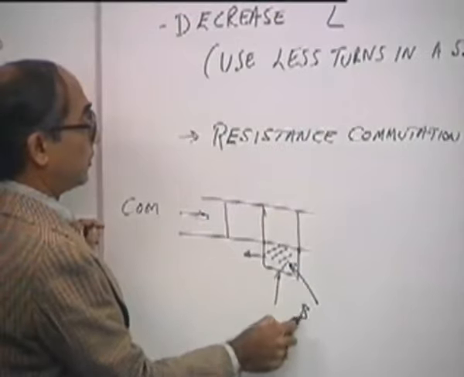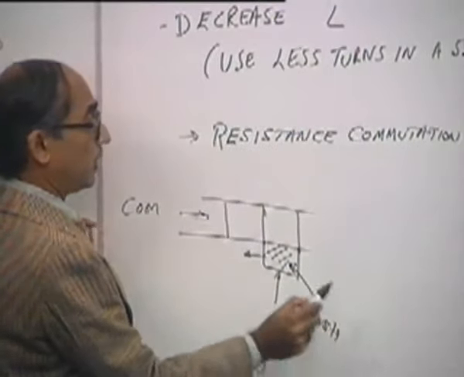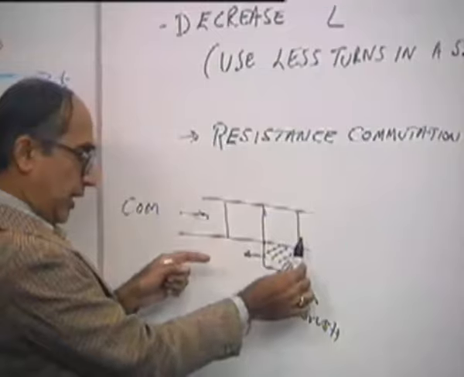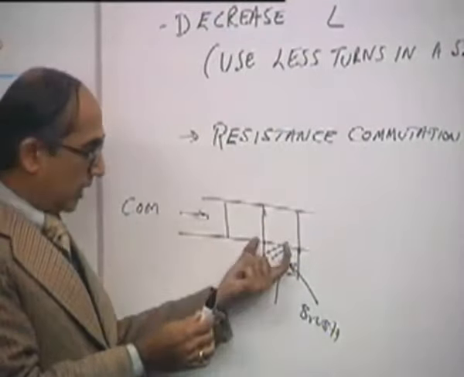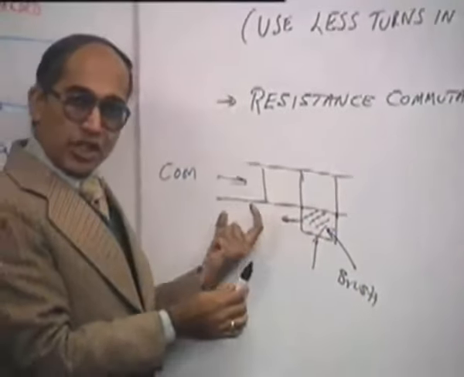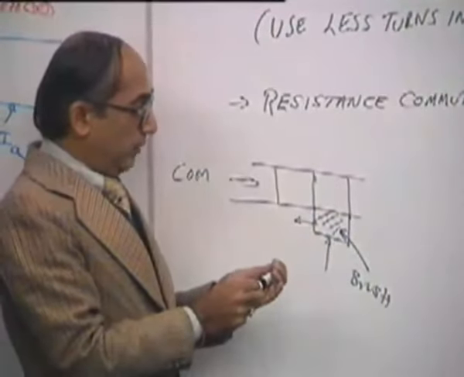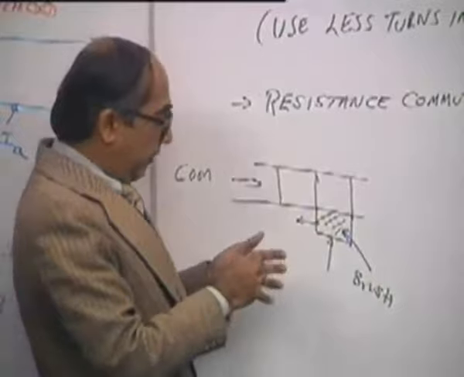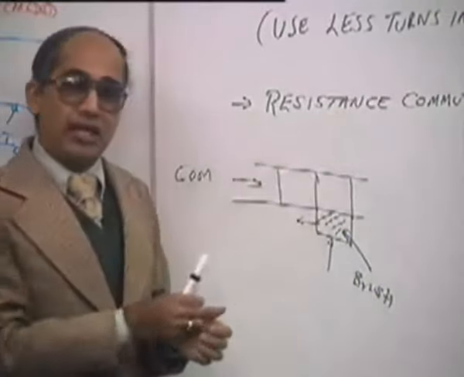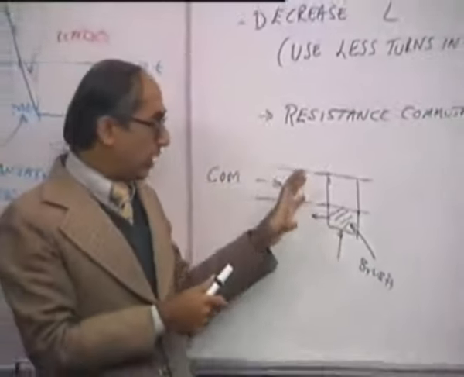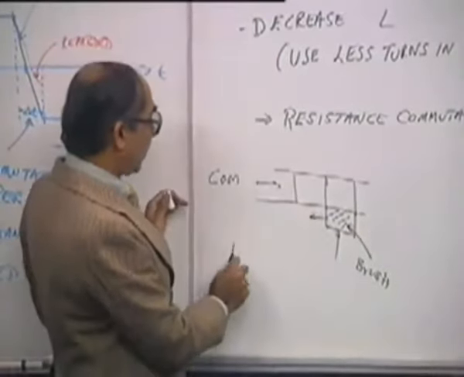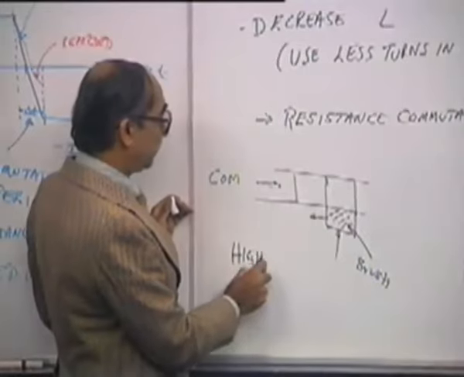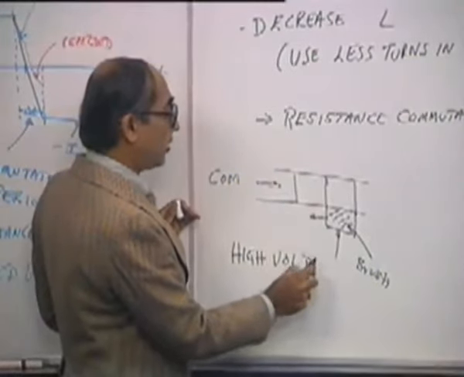You will notice that it is undergoing a change of resistance in the process because the contact is changing. Okay, and if in the commutating coil high voltages are induced, it will cause sparking.